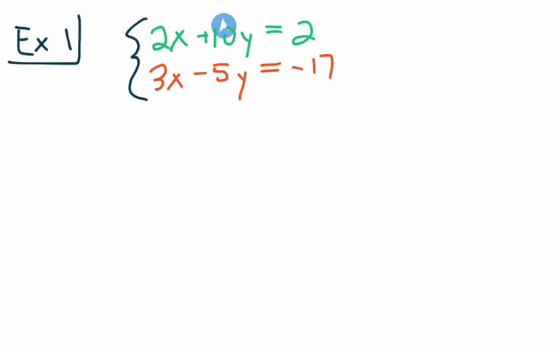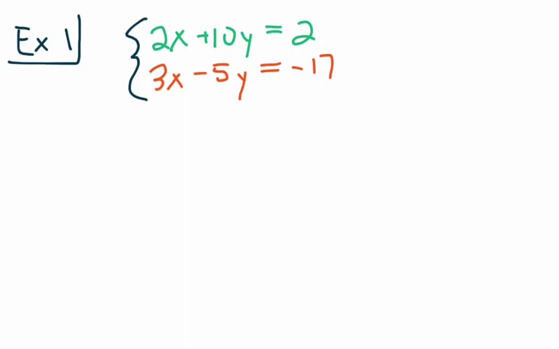But here, if we look at our y terms, we have positive 10 and we have a minus 5. In order to get opposite coefficients, if we take this red equation and multiply the entire equation by 2, that'll give us a positive 10y here and a negative 10y here. That will then be good enough to use addition to get rid of one of our variables.